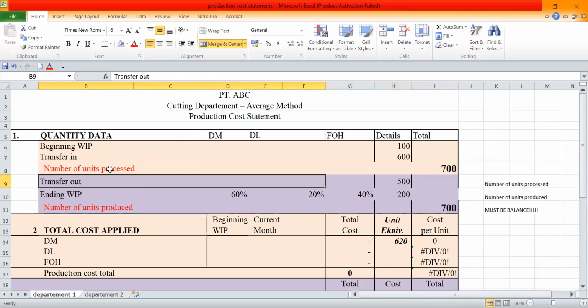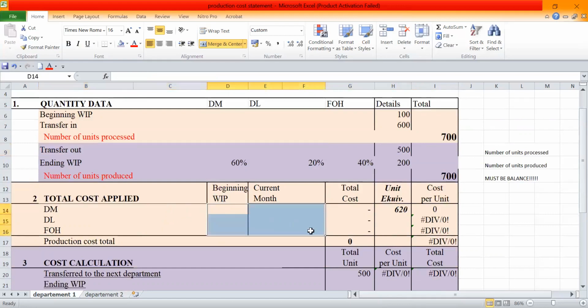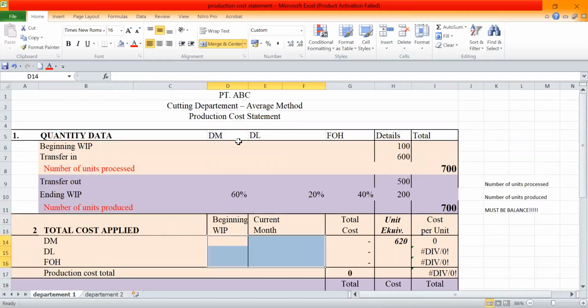Okay, I will continue. So now we have to fill in the missing information of the second part of the production cost statement. So we have to go back to the case.